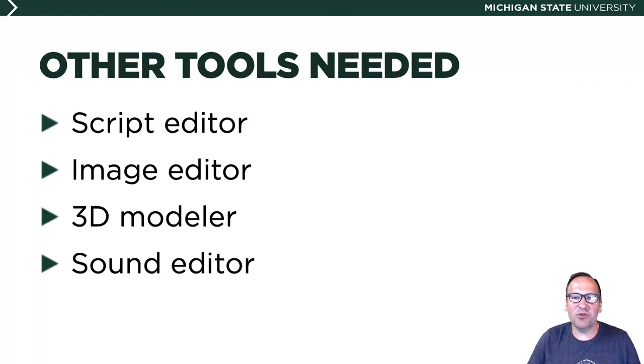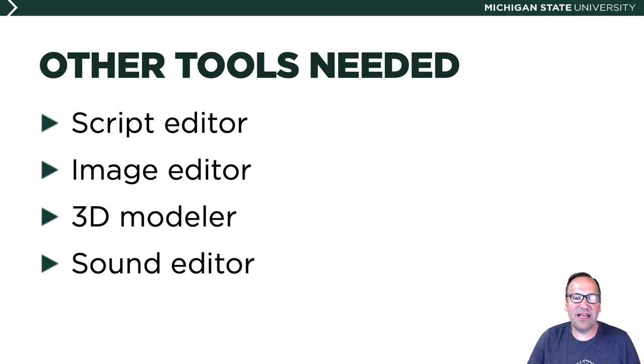Of course, there are other tools that you'll need along the way when developing a game. Unity, like most game engines and editors, does not do everything. You'll use other tools to support Unity. So for example, you'll need a script editor for editing your code. Unity comes with Microsoft's Visual Studio for script editing, but you could really use any script editor that you want.